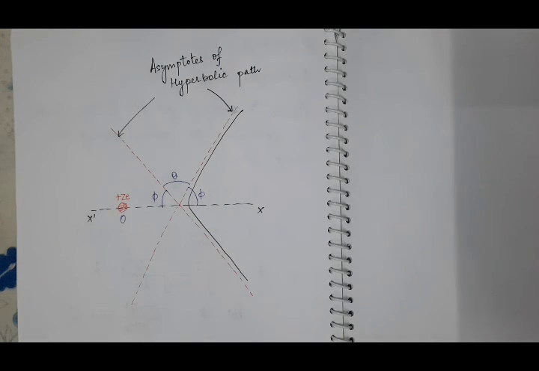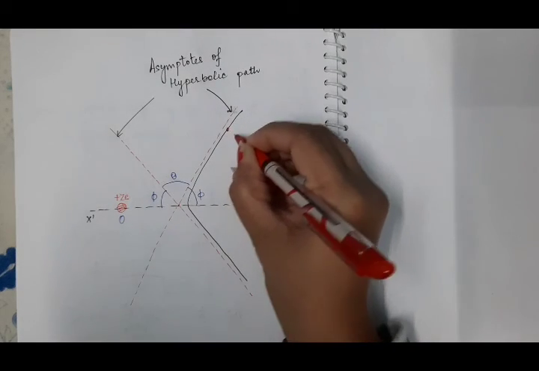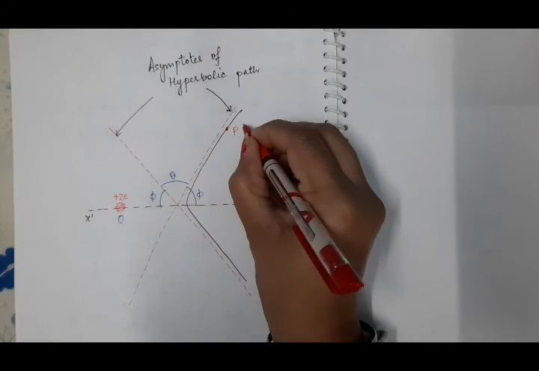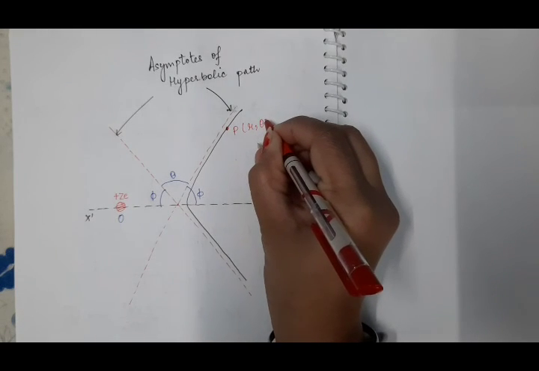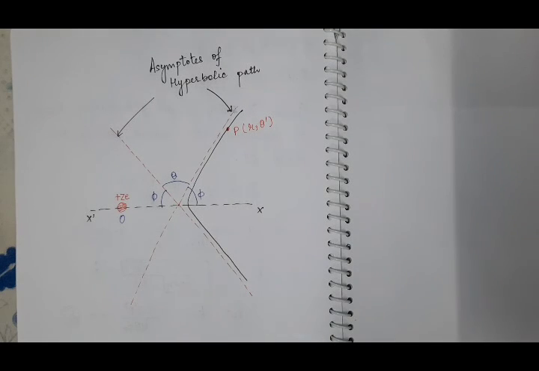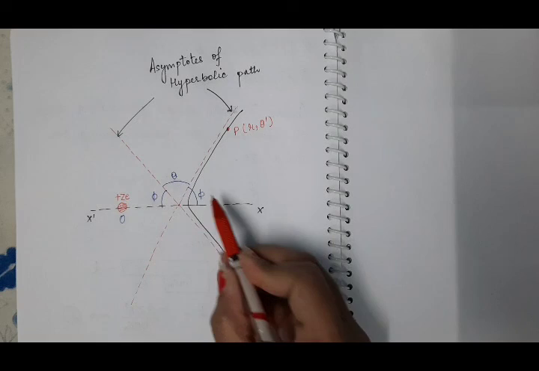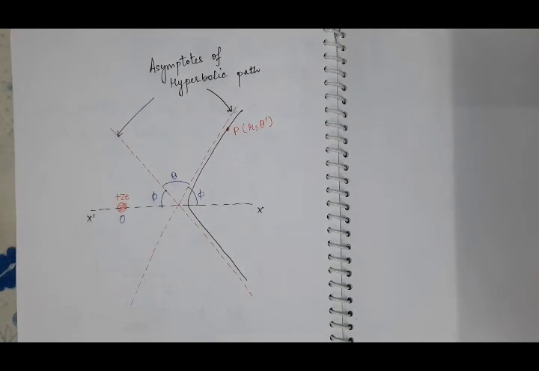So when it is approaching at any time, suppose this particle is at point P and has plane polar coordinates r and theta. But here, instead of theta, we will use theta dash. Why? Because we are using this theta as the angle of scattering. This whole angle is the angle of scattering.